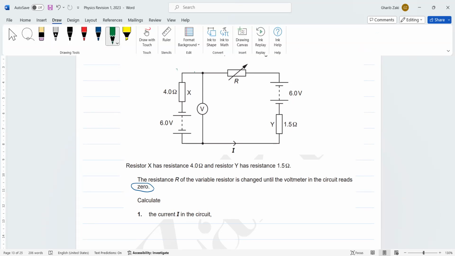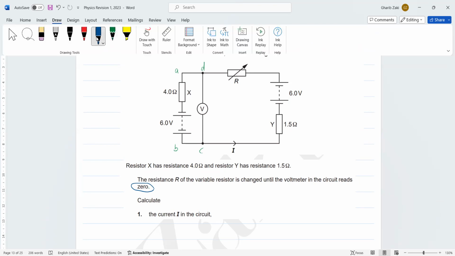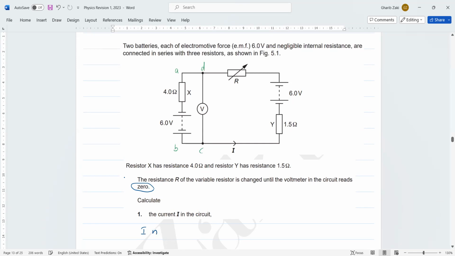So we can say this is A, B, C, D. So in that closed loop, in the part A, B, C, D, we know that the sum of EMF equals the sum of potential difference. In that part of the circuit, we have only EMF, which is 6 volt.